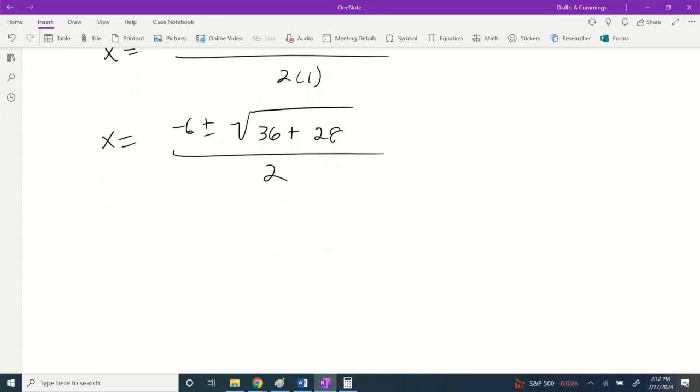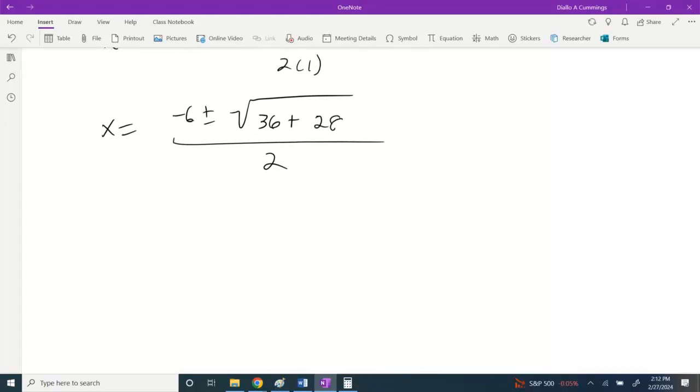So the last thing on that order of operations, please excuse my dear Aunt Sally, is A for add and subtract whatever comes first from left to right. So now I'm going to add within my square root. So x is equal to -6 plus or minus 36 plus 28, which should be 64, over 2.